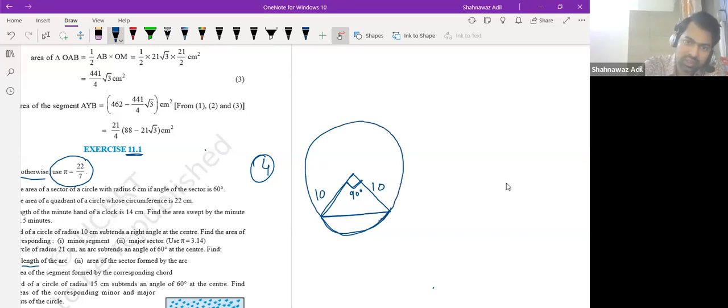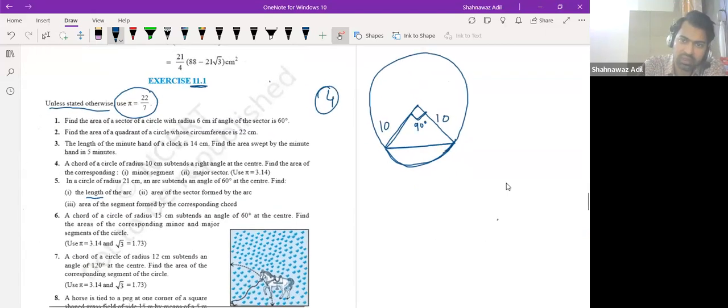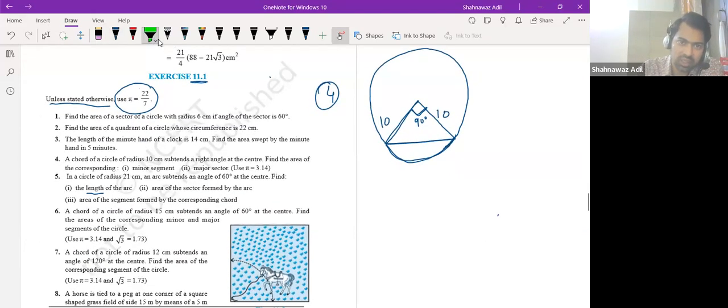Right. So this is what we have to find. We have to find out the minor segment, which is this one, and then we have to find out the major sector.